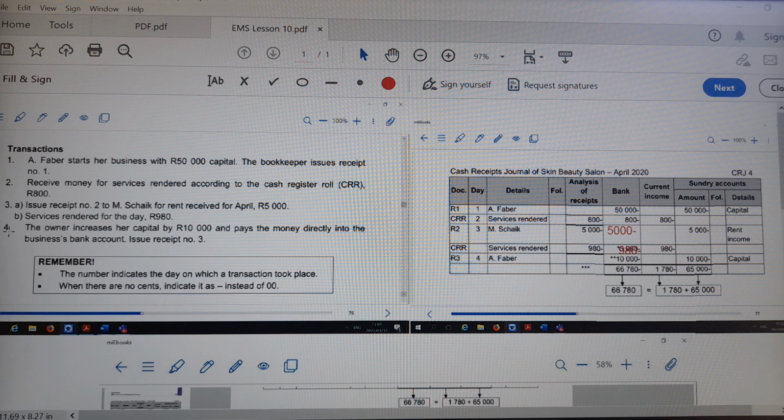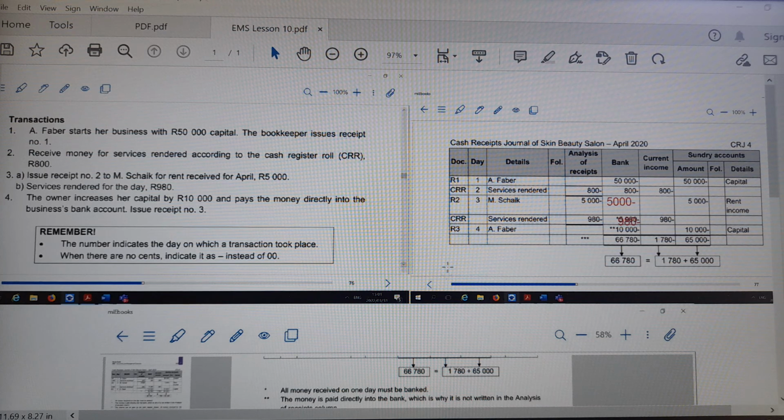And then we go to transaction number 4, the capital. The owner increases her capital by 10,000. Okay, and there is receipt number 3. So document receipt number 3. Day of the month is 4. Where do we get the money from? A Faber, and the amount that goes to the bank is 10,000 rand.